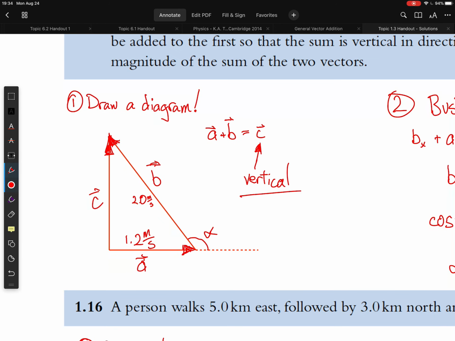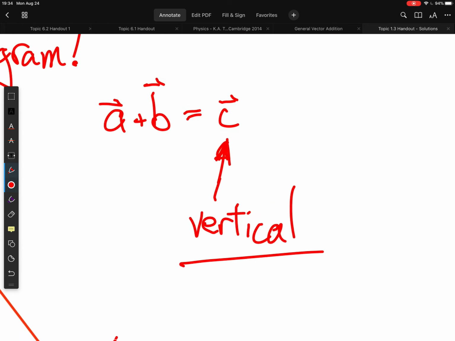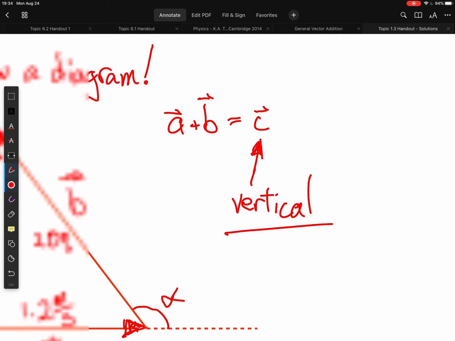so for number one here, we have our draw a diagram instruction. So this is what we want. We have a sum of vectors, A plus B, and we know that they will equal C. And based on the problem, we know that C must be vertical.